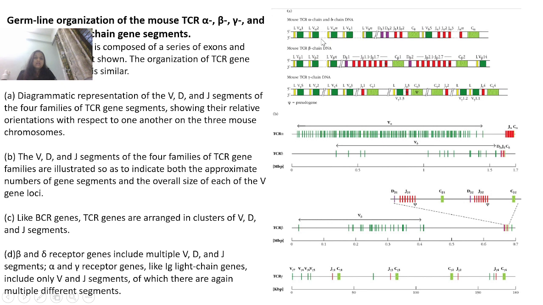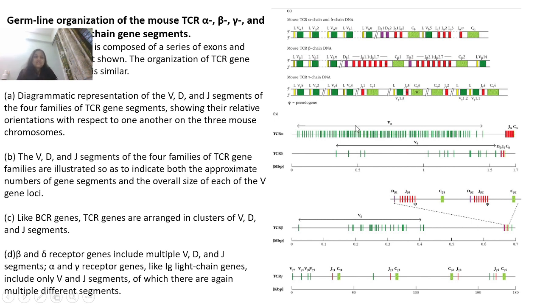Here you can see the V regions, D regions, J regions, and constant region. Similarly, in all cases, if it is a heterodimer between alpha and beta, it will form an alpha beta receptor. If it is a heterodimer of other chains, it will form a heterodimer with the other chain.